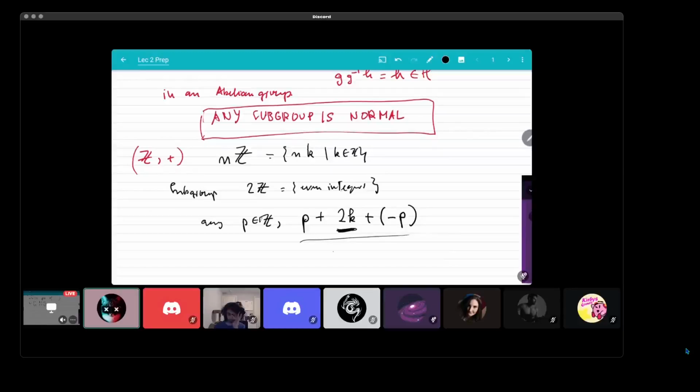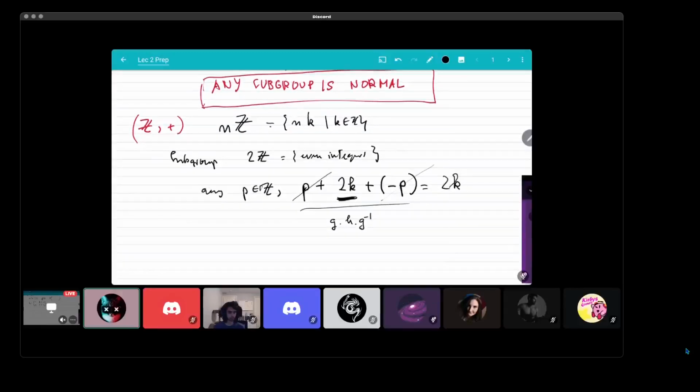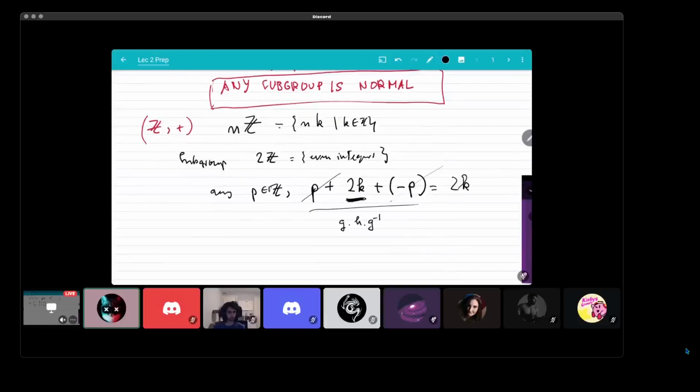This is just g h g minus 1 in terms of addition. Because of commutativity, we can calculate this by cancelling the p out, so it's 2k, and it remains even. This works for any abelian group or subgroup. So that's one relationship between abelian groups and normal subgroups.